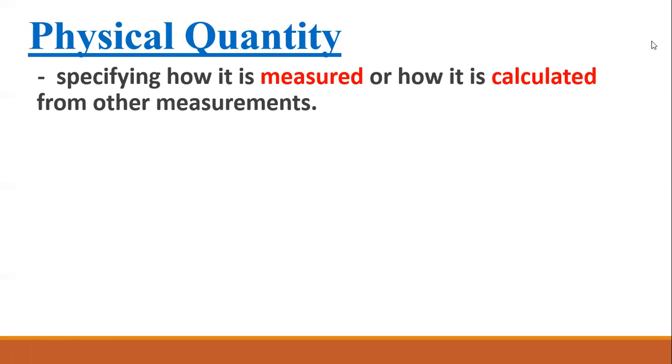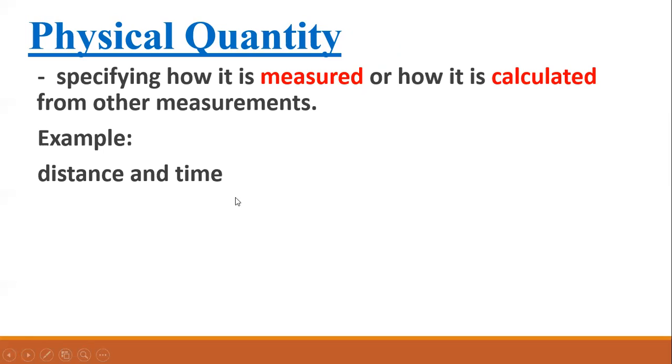For example, we define distance and time by specifying methods for measuring them, whereas we define average speed by stating that it is calculated as distance traveled divided by time of travel. So that's one example, the distance and time.